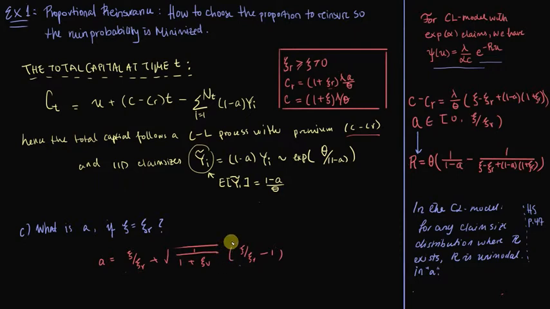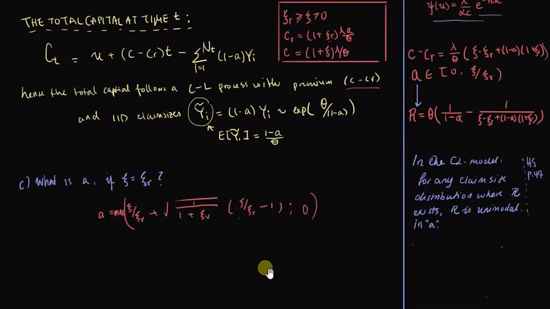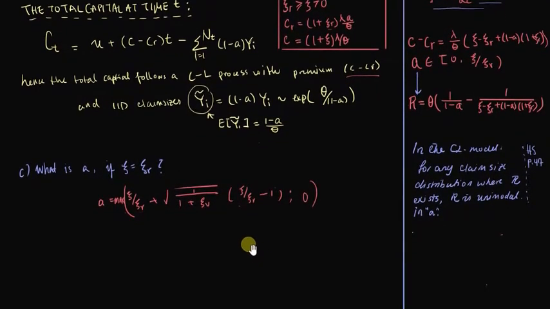So we have to require that when we choose A, we either choose this value or 0 if it turns out that this value is in fact negative. So a more precise expression for A would actually be the max of this expression and 0.